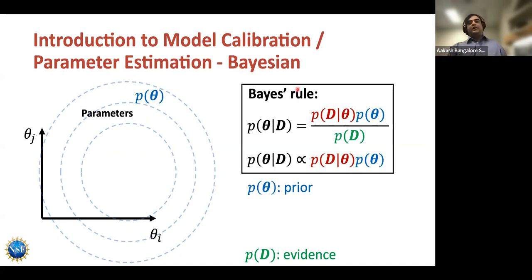So in this method, before we obtain any data or have any observations, based on our prior knowledge about the problem, we might have some estimate about what the parameter values could be. And we might also have some information about the probability that this parameter takes on a particular value. That is what is described in the prior probability distribution.